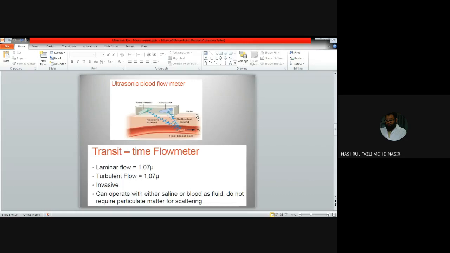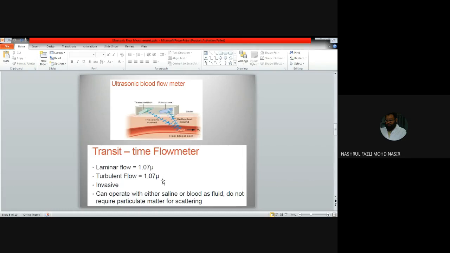So this is a typical ultrasonic blood flow meter diagram. We have the transmitter and then the receiver, and this is how it works. Transit time for the flow meter: laminar flow equals 1.7 nu, and turbulent flow equals 1.7 nu.